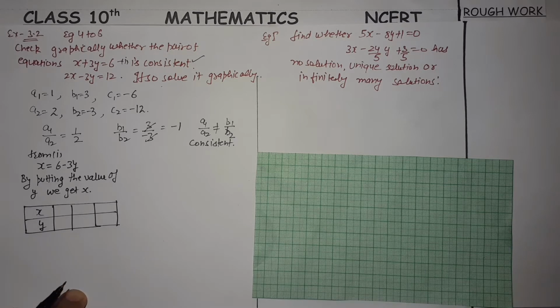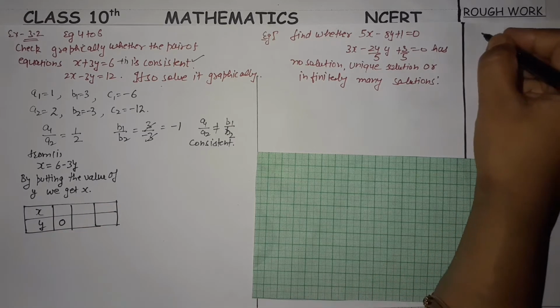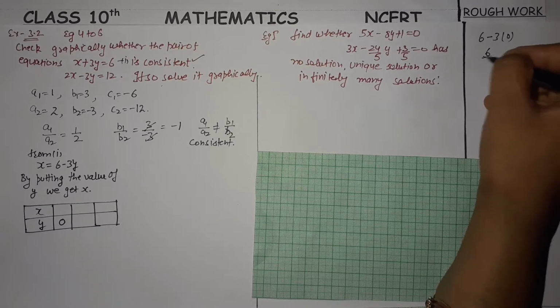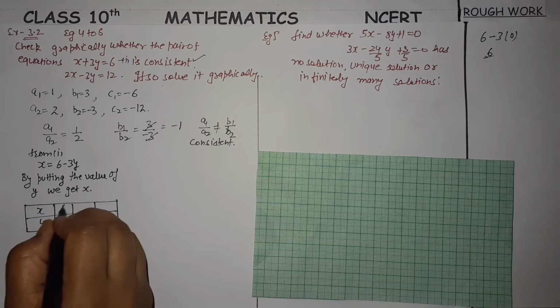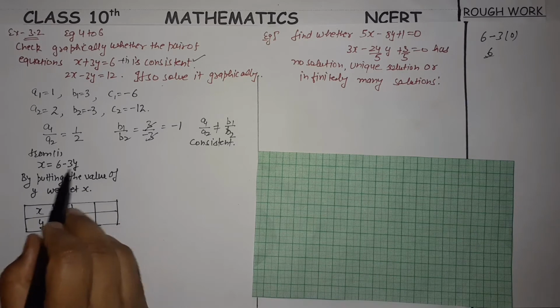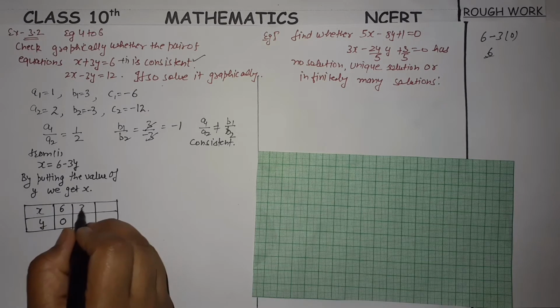Put y as 0. See it in the rough part. 3 into 0 is 0, so we have x as 6. Put y equals 1. 3 into 1 is 3. 6 minus 3 is 3.